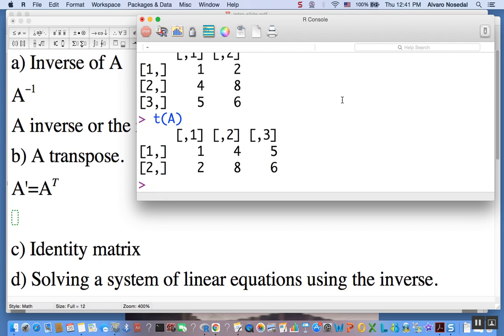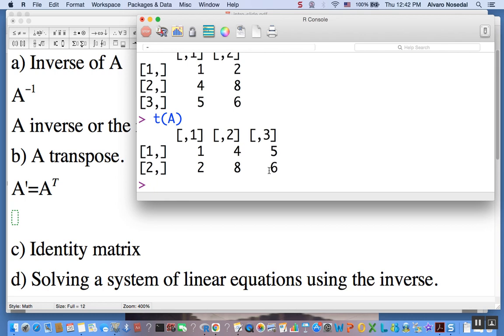So we did exactly what we said the transpose is doing, turning rows into columns, right? Okay, good. So it's easy to find the transpose of a matrix using R.